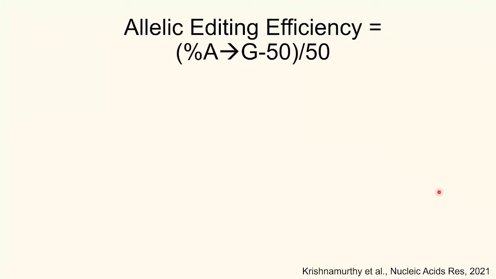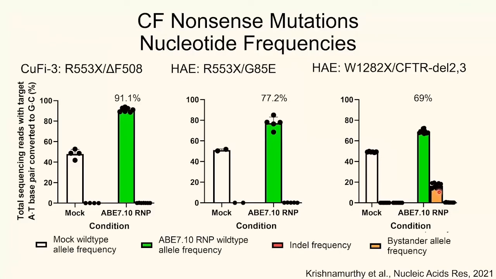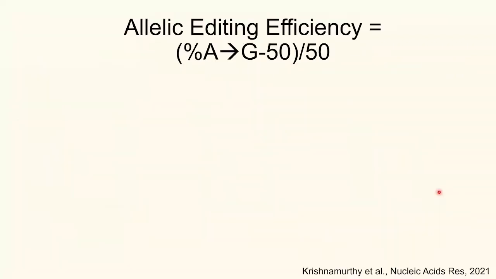So overall, the results that we get from NGS demonstrate that we get high editing efficiency of the targeted A with an adenine-based editor. But because these percentages from NGS involved cells that were heterozygous for the mutation, we had to calculate the allelic editing efficiency to understand the editing efficiency of the base editor on the allele with the targeted mutation. So for the calculation, we took the total percentage of A to G conversion and subtracted it from 50 and then subsequently divided it by 50.